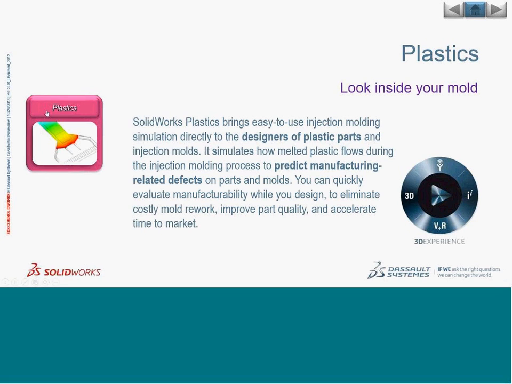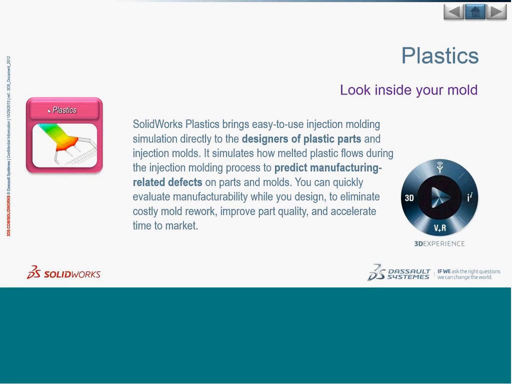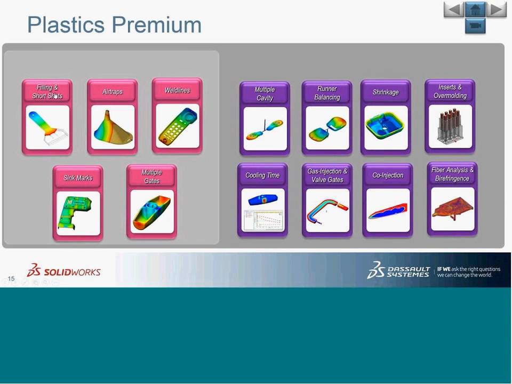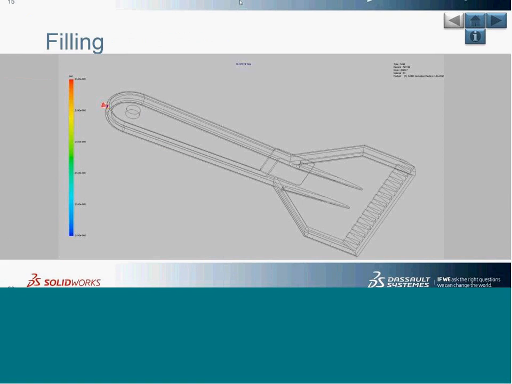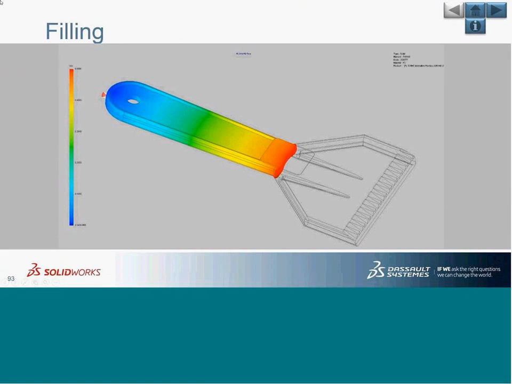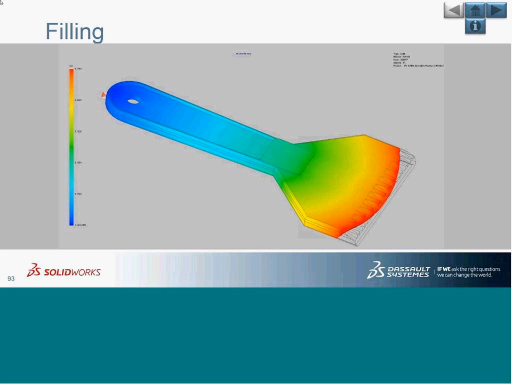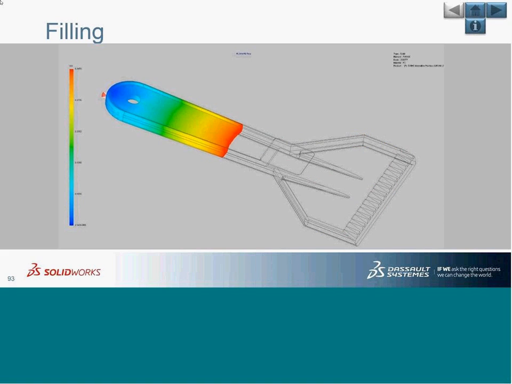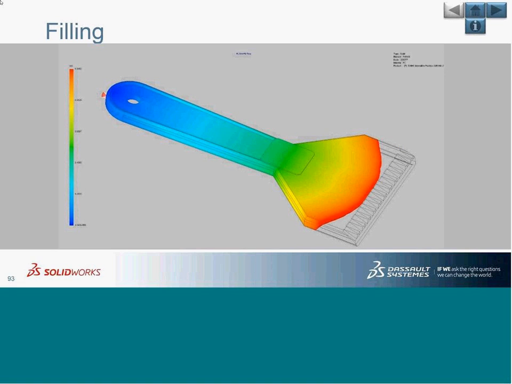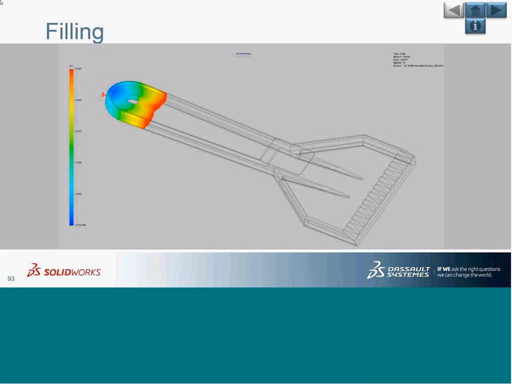Let's see the capabilities. It starts off with a few basic things, and it could be as simple as the filling of the part. First, I want to understand, if plastic is injected from a certain gate location, how much time it will require to fill it. What maximum pressure is required to fill this component?